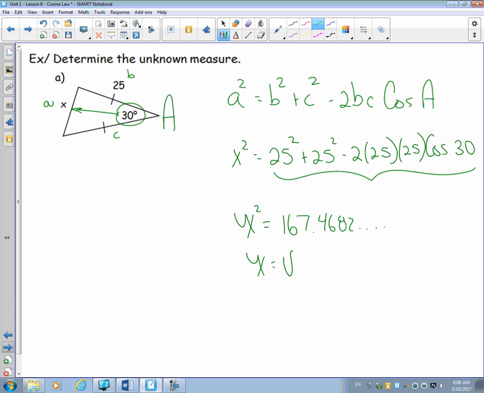So to get x, I need to square root that number. And if you do that, x should come out to 12.94. Or for our purposes, 3 sig figs, you can go 12.9. Okay, and that's our first situation of the cosine law, an unknown side of a triangle, a non-right triangle.